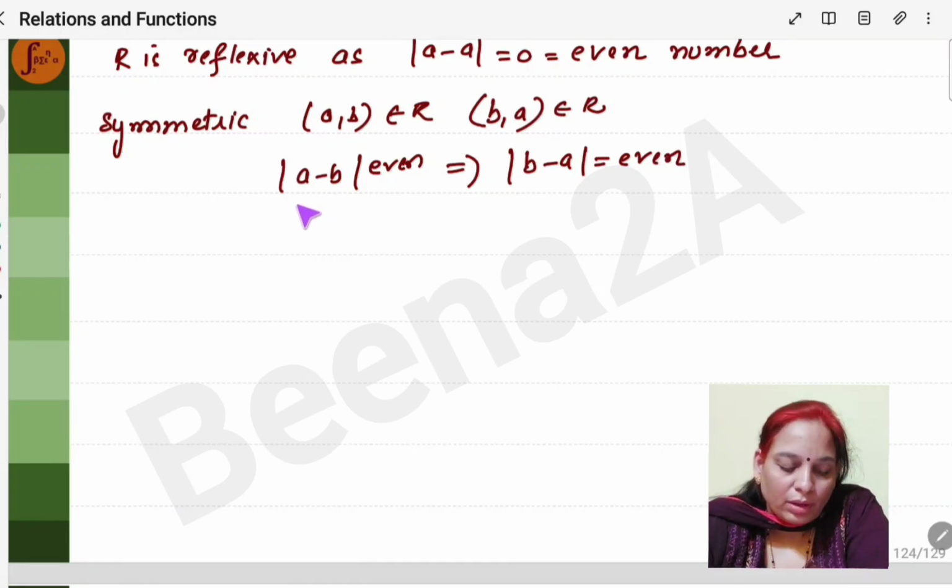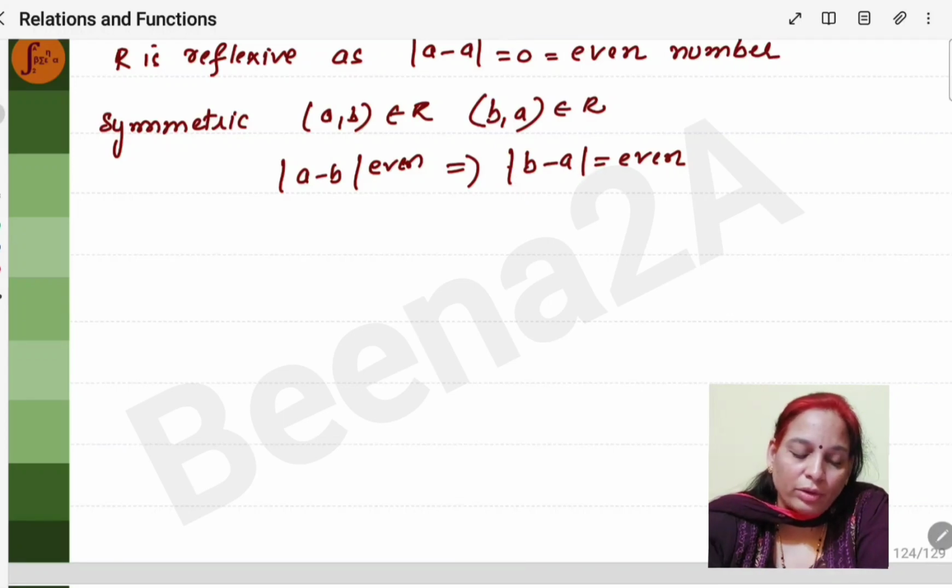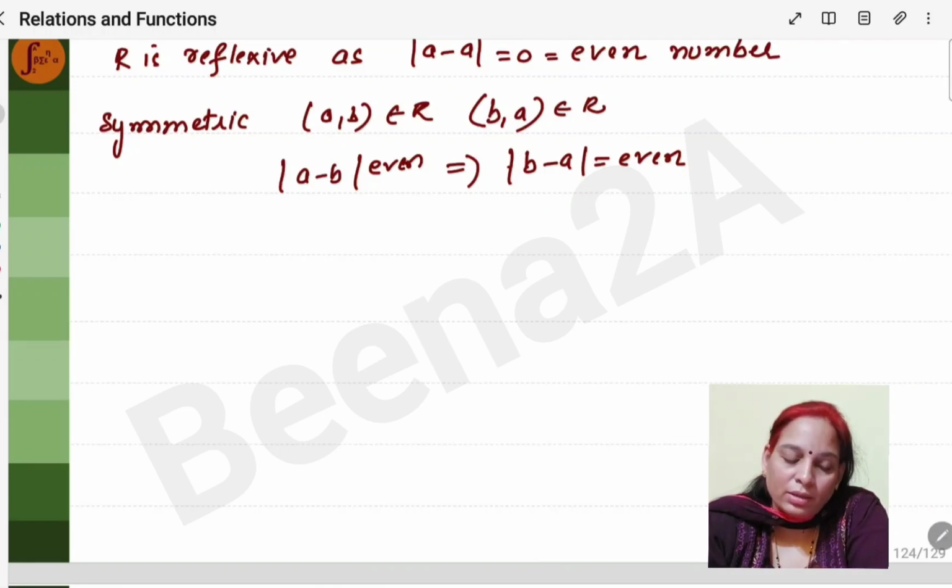So, if A minus B is even, then I can reverse it and say B minus A also is even. Only thing, you could have a minus sign, but because there is a modulus sign, that minus gets ignored. So you say R is symmetric because modulus of A minus B is even, and also modulus of B minus A is even.